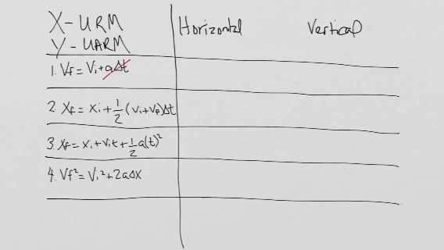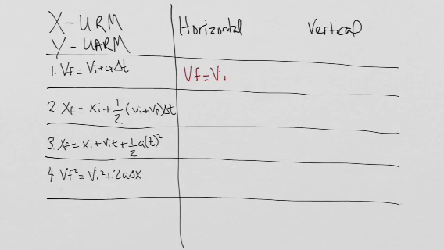So we end up with VF equals V initial. Why? Since velocity is constant, it's never changing. Your initial is never going to change, so they're going to be the same. VF will equal VI in this situation.